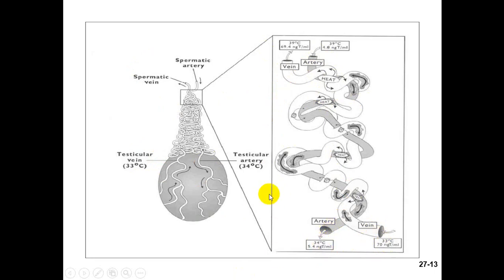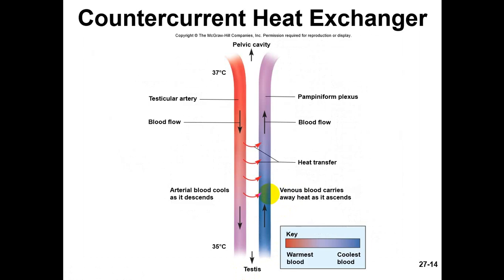So the blood in the artery needs to be cooled down. From the pelvic area, we can see 37 degrees Celsius blood flowing from the testicular artery into the testis. This is the testis, the destination. So the arterial blood cools as it descends. Why? Because it is opposed to, or attached to, the testicular veins, which are of a lower temperature, cooler.